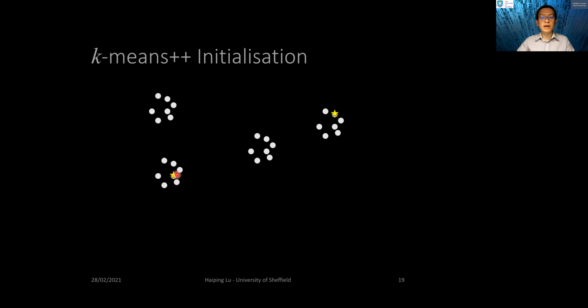And then for the next centroid, for this point, the nearest centroid will be this distance. For this one, it will be this distance, and for this one, it will be this.